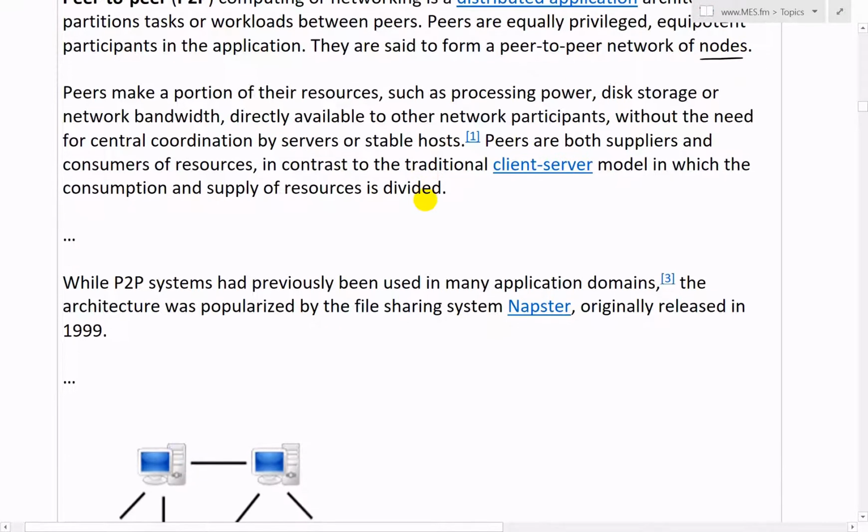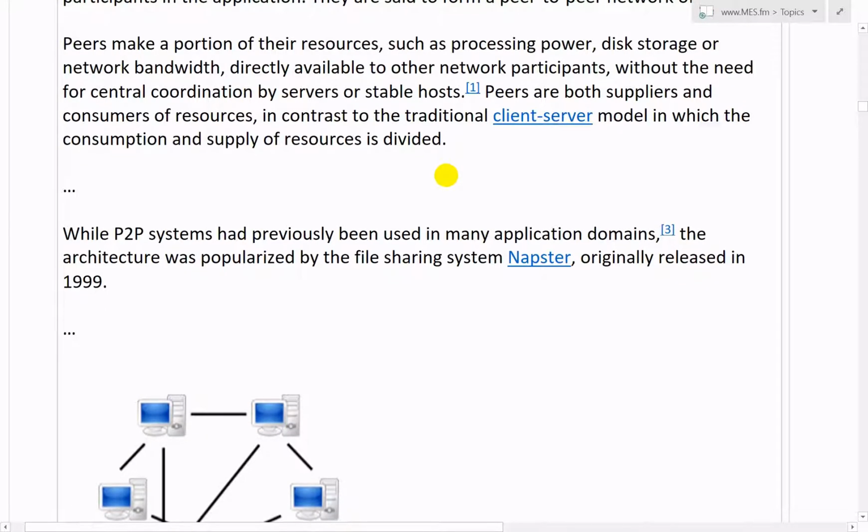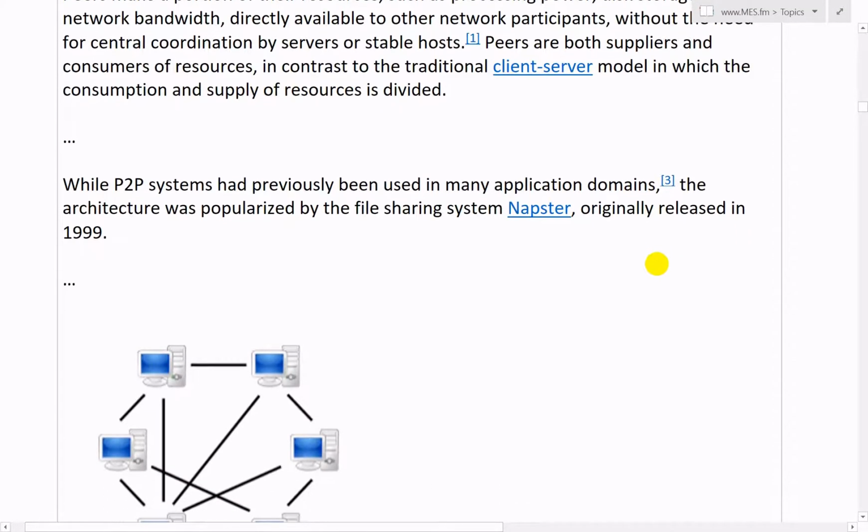Peers have a portion of their resources, such as processing power, disk storage, or network bandwidth, directly available to other network participants without the need for central coordination by servers or stable hosts. Peers are both suppliers and consumers of resources, in contrast to the traditional client-server model in which the consumption and supply of resources is divided.